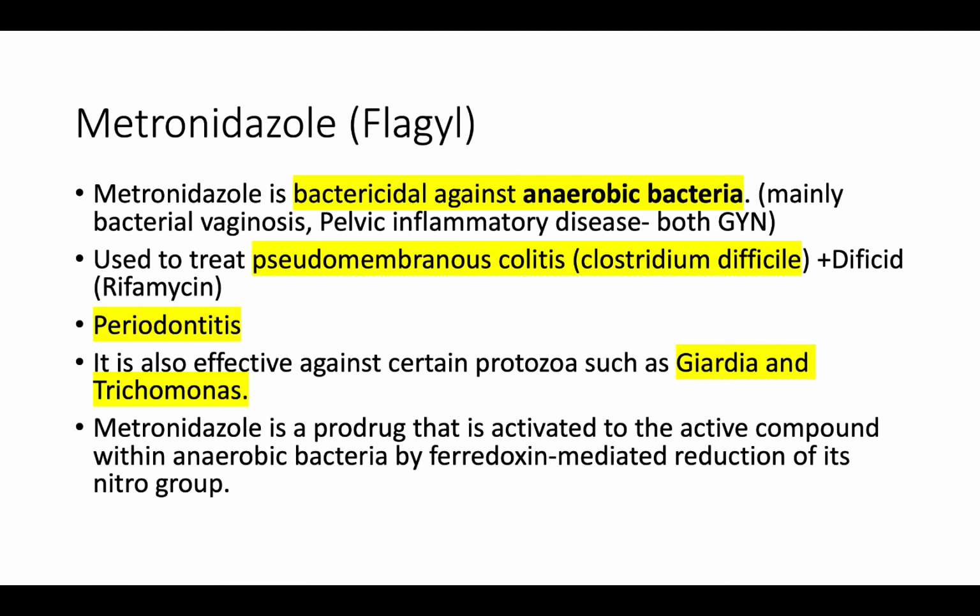Don't tell me it is given for aerobes. It is reserved for C. diff, though you can use metronidazole to treat C. diff as well, in addition to vancomycin, which is the rifamycin one. It is used a lot in periodontitis. It is also effective against Giardia and Trichomonas, so protozoa as well, which are usually given, for example, to women that have vaginal overgrowth infections.